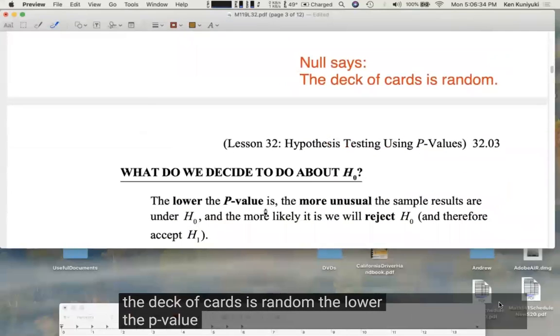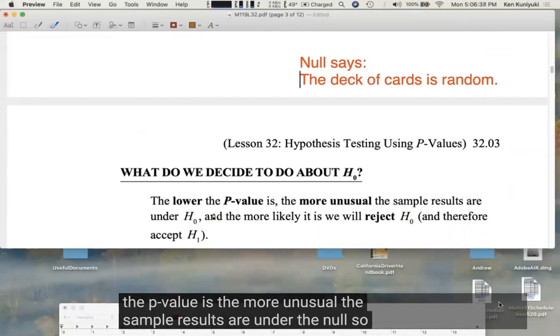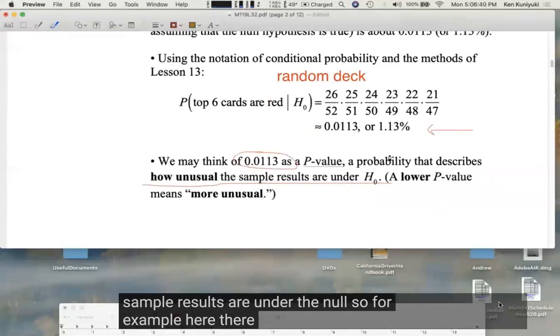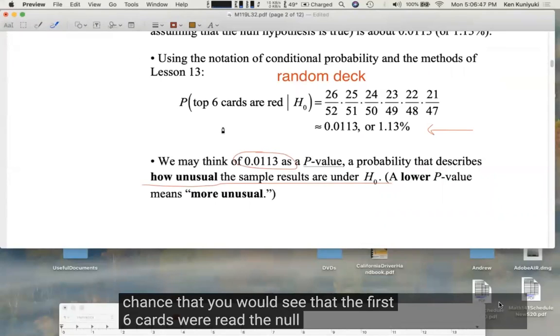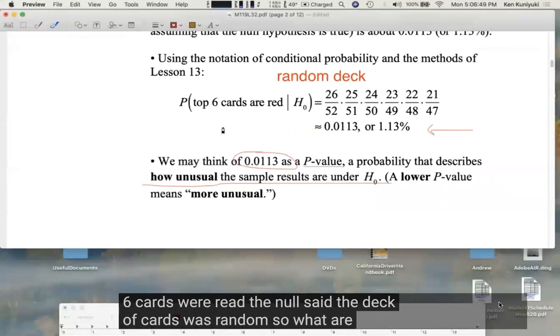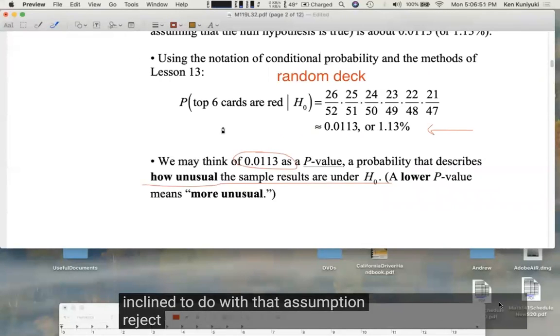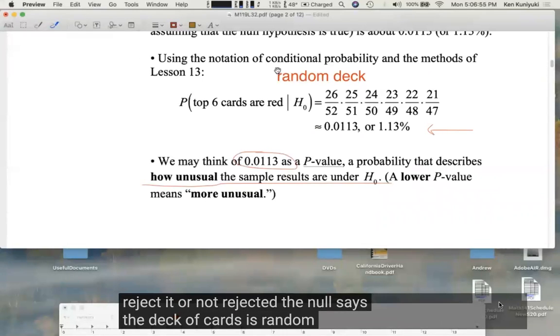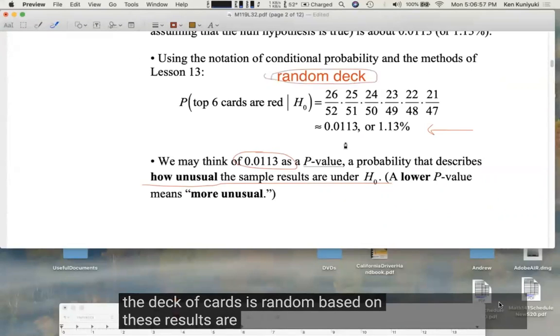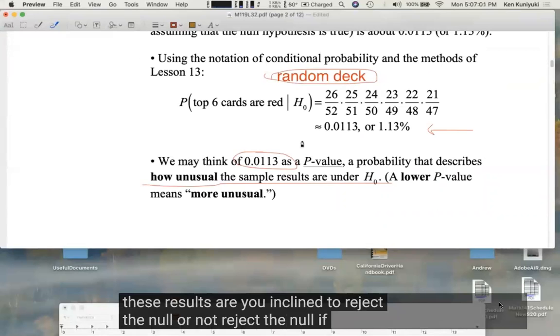The lower the p-value is, the more unusual the sample results are under the null. So for example, here, there is a 1.13% chance that you would see that the first 6 cards were red. The null said the deck of cards was random. So what are you inclined to do with that assumption? Reject it or not reject it? Based on these results, are you inclined to reject the null or not reject the null?